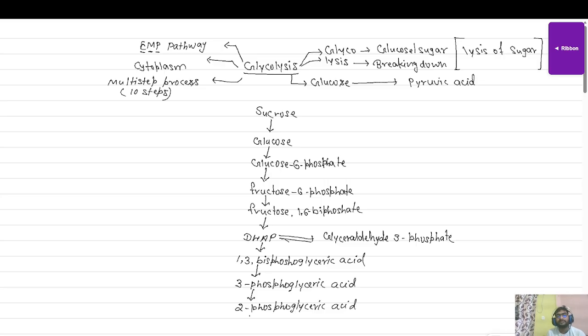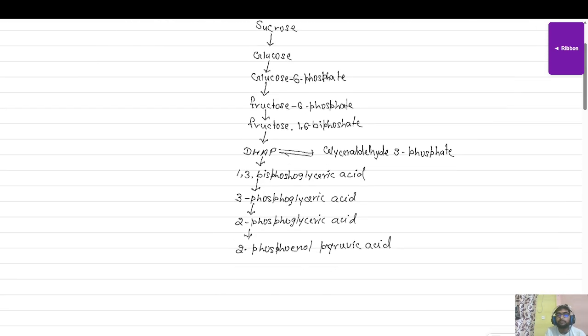From 2 phosphoglyceric acid, it will further form 2 phosphoenol pyruvic acid, and ultimately it will form pyruvic acid. So that's a 10-step process.